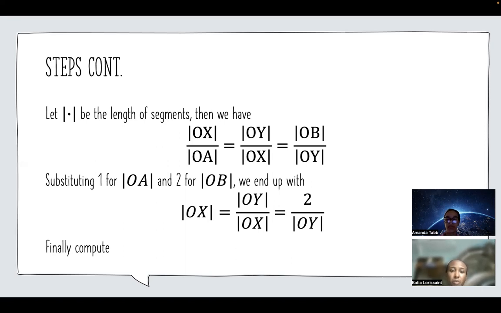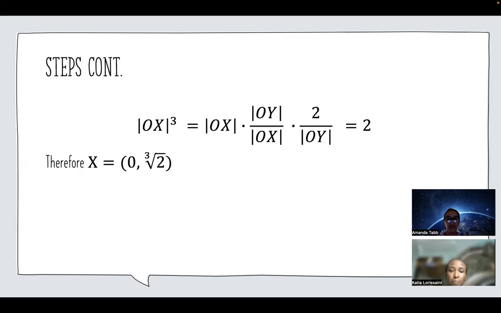Finally, we would compute this by multiplying. We end up with OX cubed equals the absolute value of OX times absolute value of OY over the absolute value of OX times 2 over the absolute value of OY.